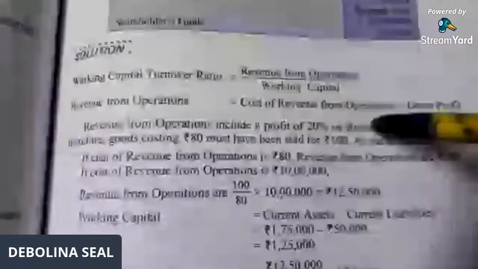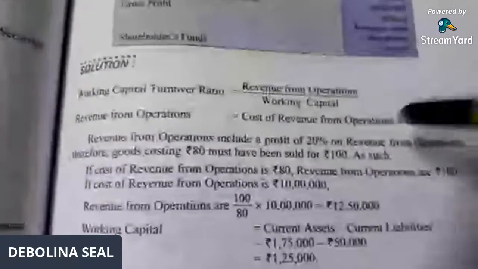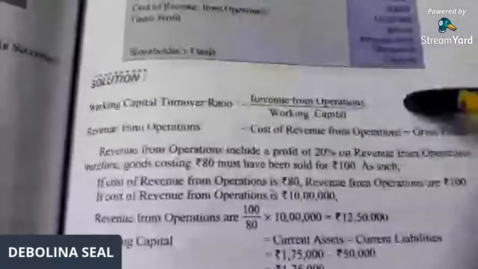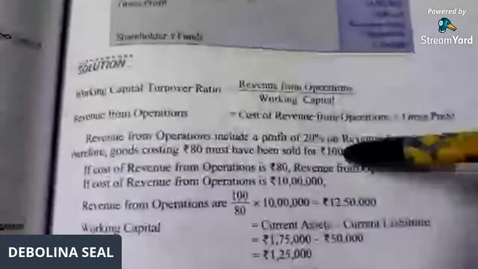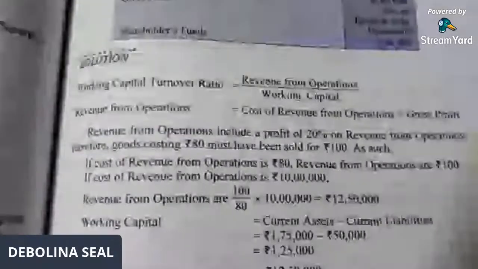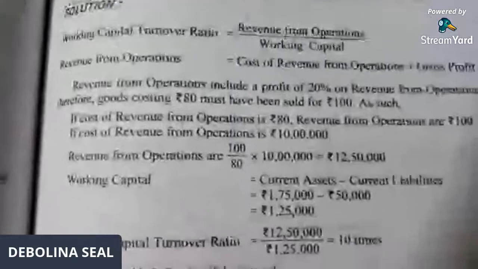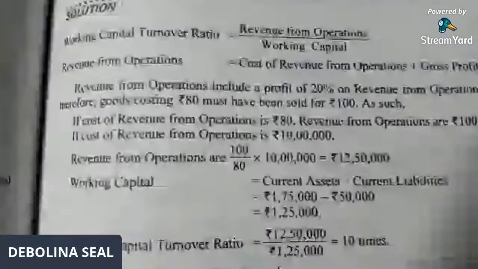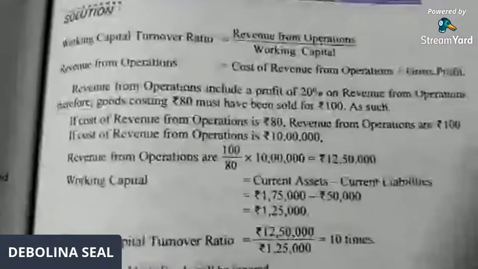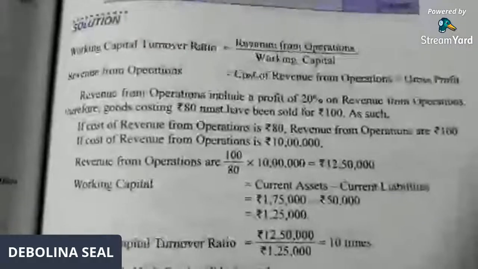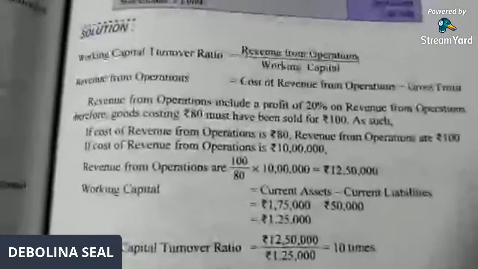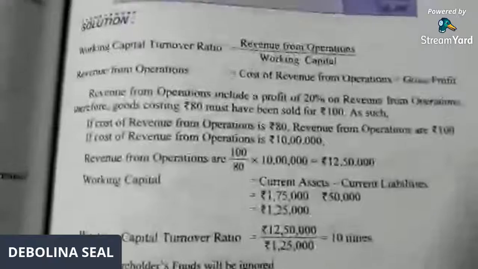So you need to practice all the varieties of sum, so that if the examiner is asking you also, you are able to give the answer, and you are going to give your practical exam also based on this. So today we are finishing the activity ratios, and tomorrow we will start with the only ratio left, that is profitability ratio.